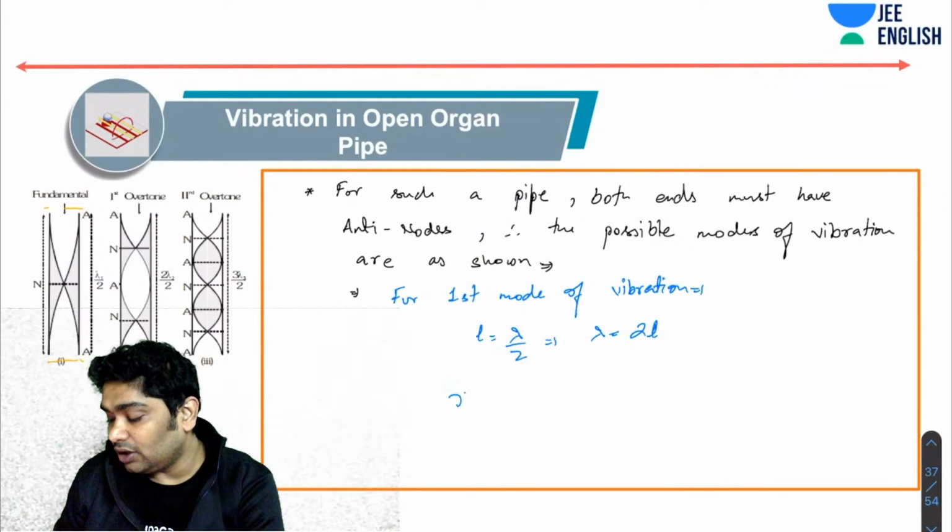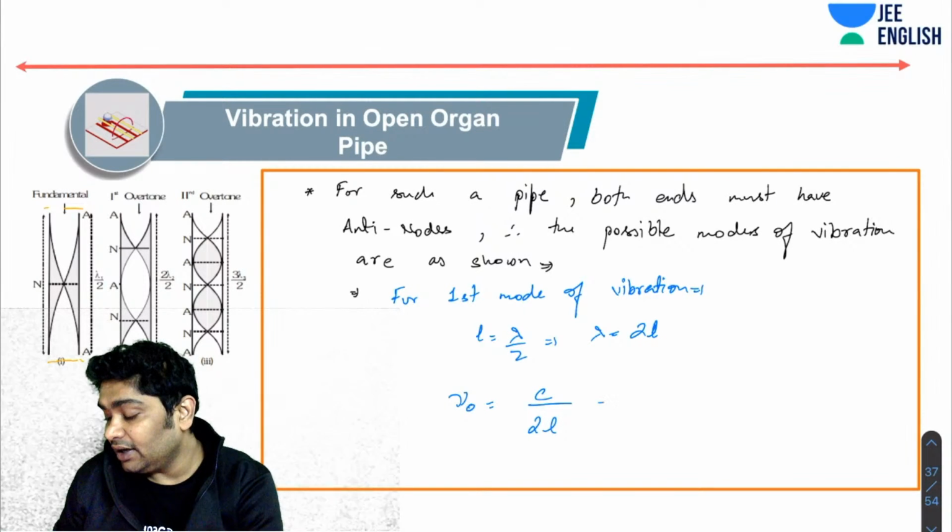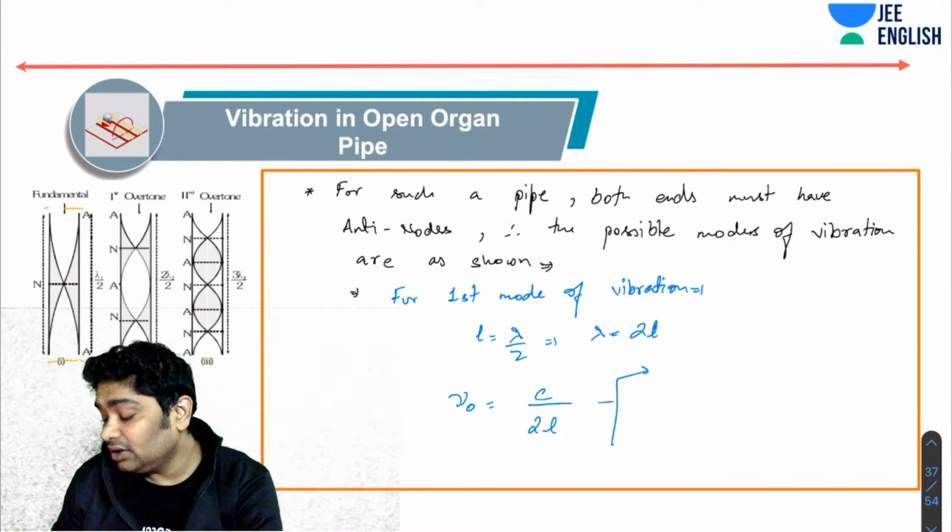So the nu naught, the frequency, would be C over 2L. Again, this would be called the first harmonic and the fundamental frequency.